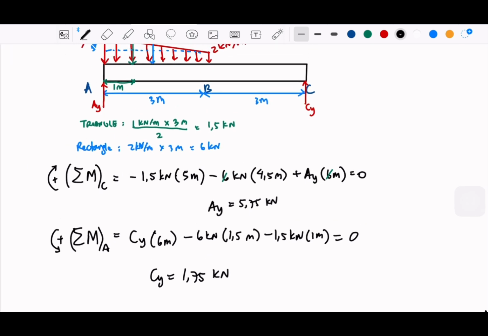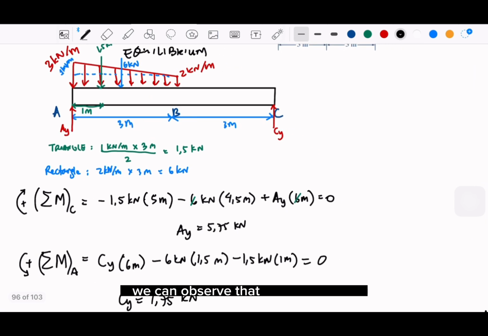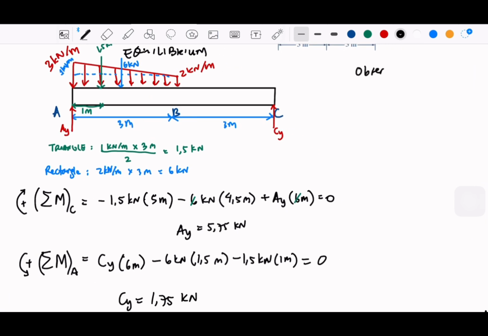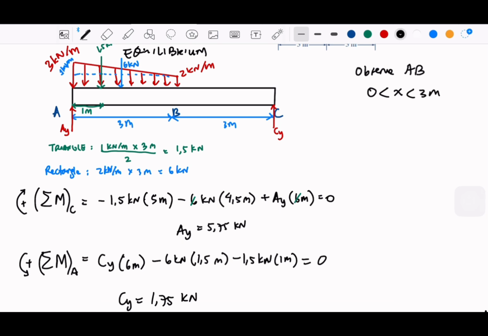And as usual, because we have distributions on AB, we can observe AB in between, sorry, that's not equal, 0 through 3 meter. Okay.